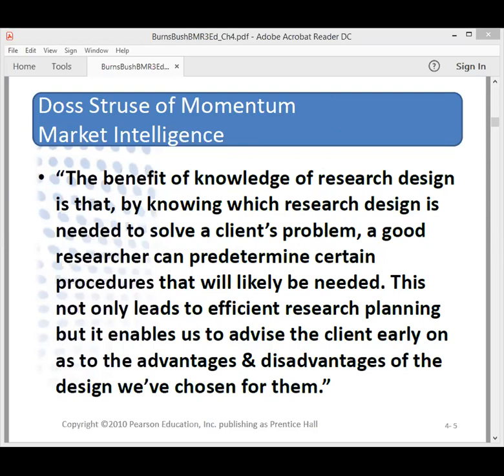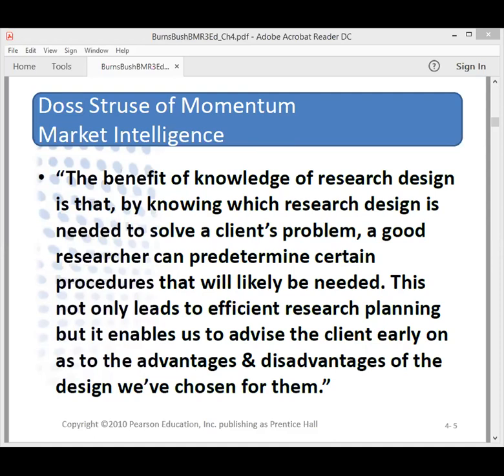So a prominent member of the marketing research community lets us understand the importance of design this way. Knowing which research design is needed to solve a client's problem can predetermine certain procedures that will likely be needed.